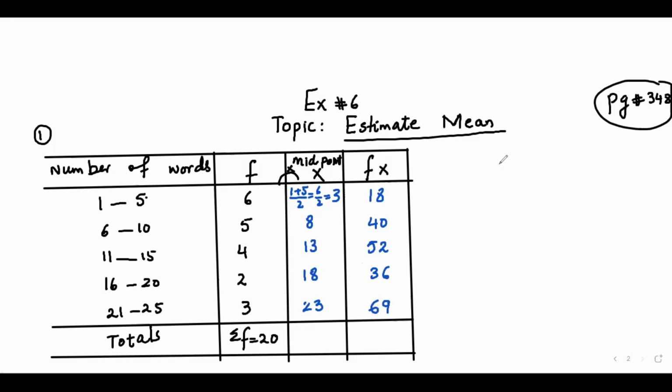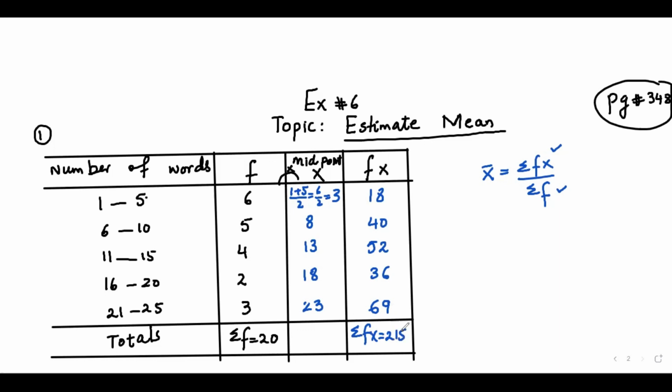Then for the mean, we know the mean formula is equal to summation fx divided by summation f. So we need the sum of two columns: first the fx, and second summation f, which we already calculated. You calculate the column of fx: 18 plus 40 plus 52 plus 36 plus 69, and the summation fx is equal to 215.